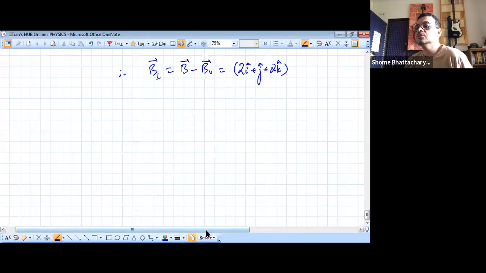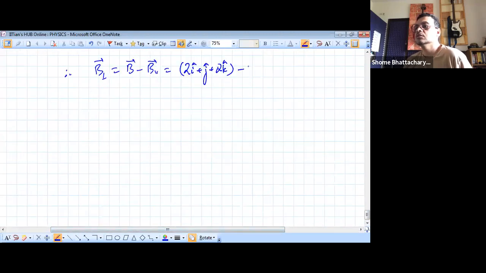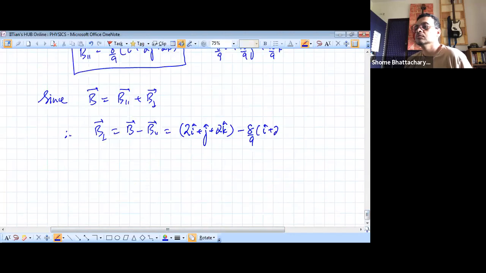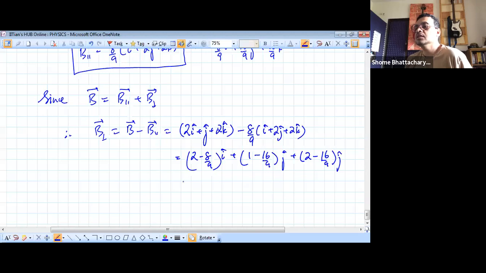And the parallel component we just saw was this. So this will become 2 minus 8 by 9 i cap plus 1 minus 16 by 9 j cap plus 2 minus 16 by 9 k cap.